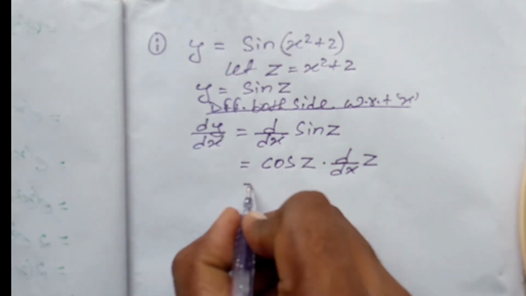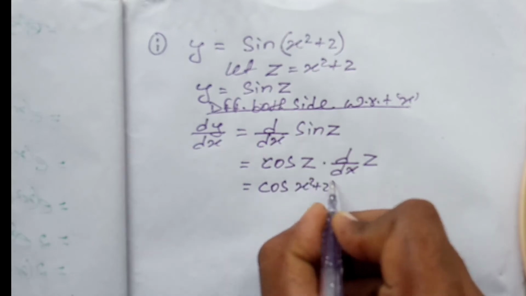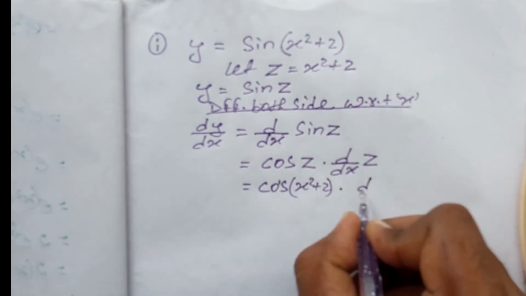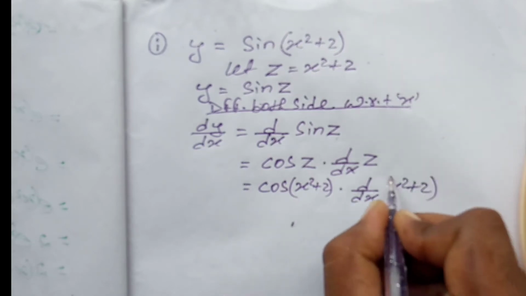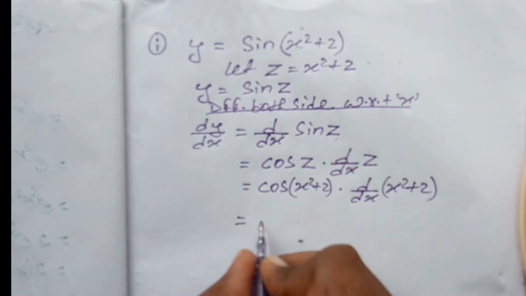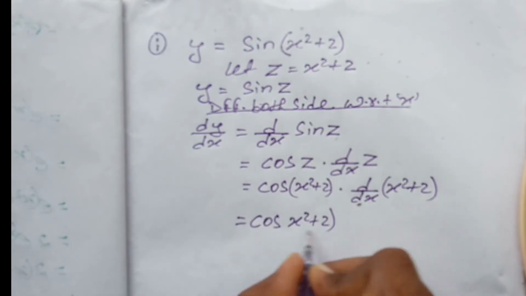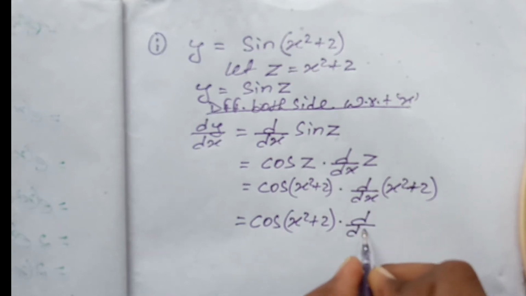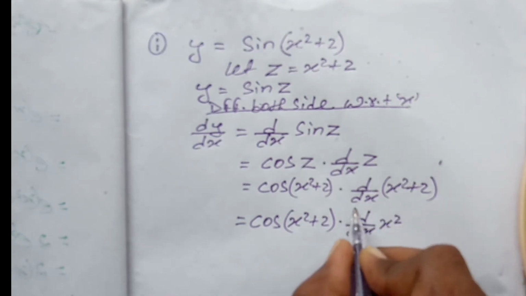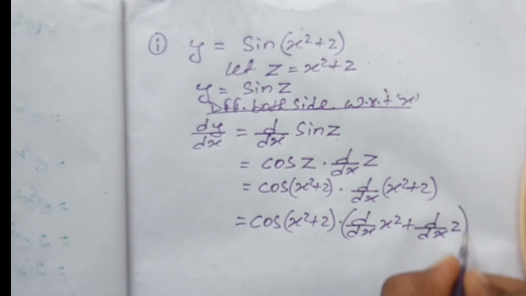So this is equal to cos(x square plus 2) into d by dx of x square plus d by dx of 2.